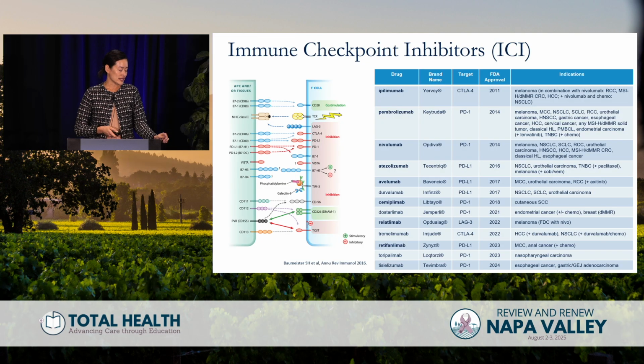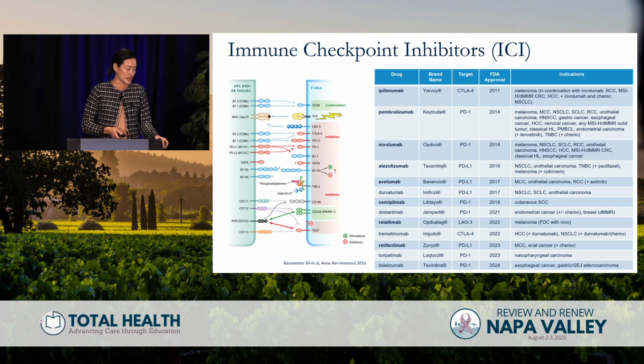Here on the right-hand side of this table, if this looks busy and unreadable, that's kind of by design. This is a non-exhaustive list of indications for the 13 immune checkpoint inhibitors that are currently FDA approved. As someone involved in the treatment of melanoma and skin cancers, I have bolded the ones that I frequently use in my practice, which, as you can see, is the majority of them.